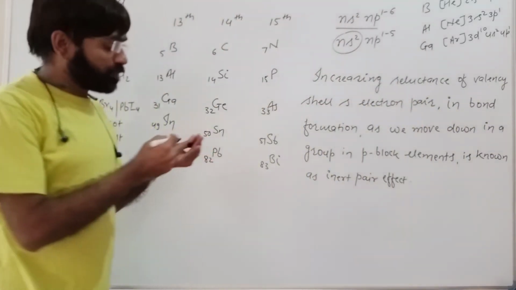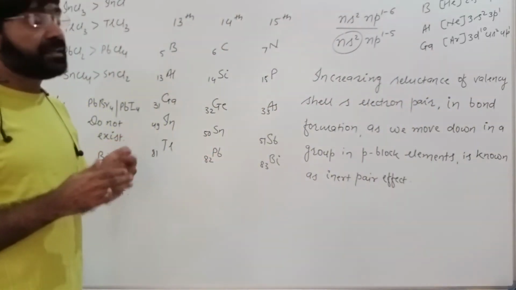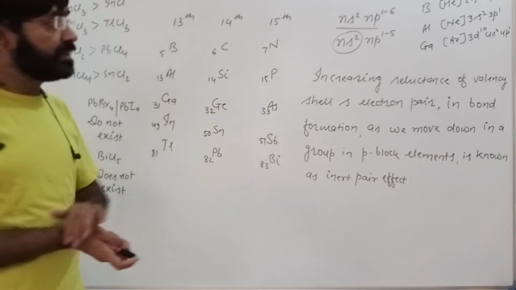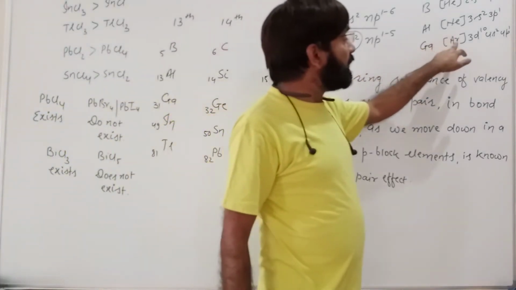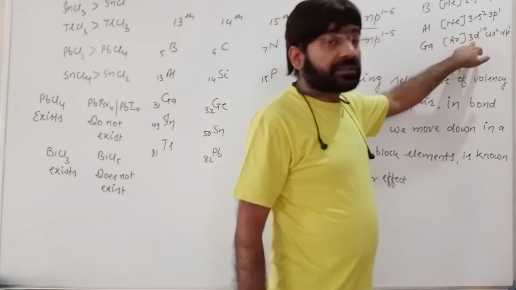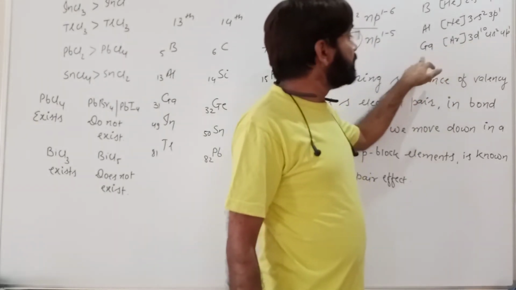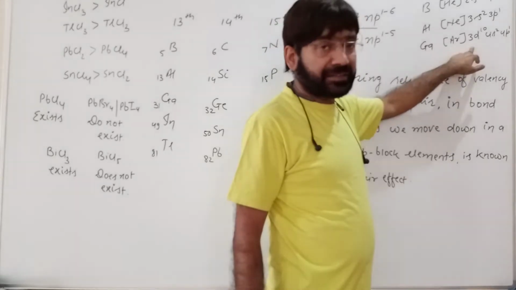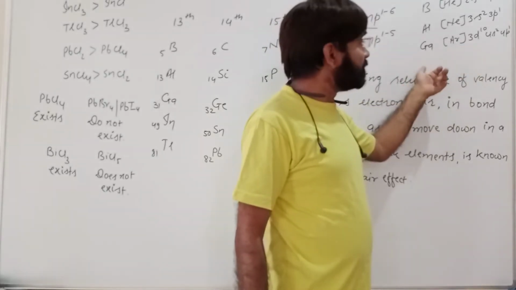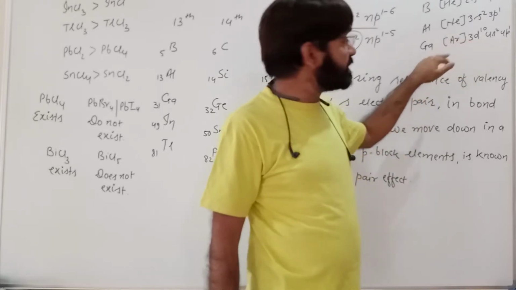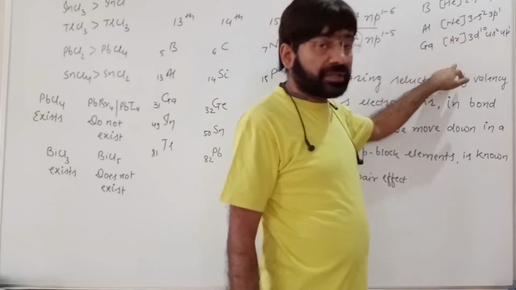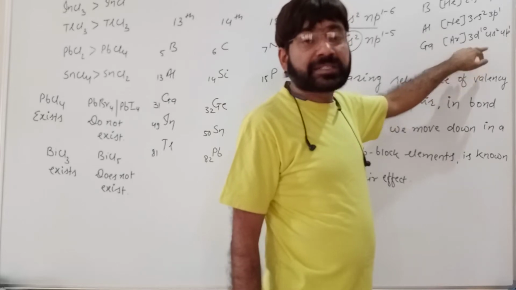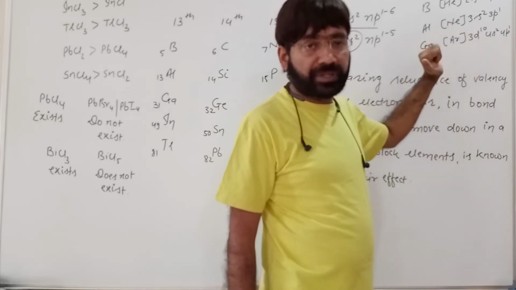Right? So from element number 3 onwards, we find there is a change in the nature of the electronic configuration. In gallium, after the noble gas, there were 10 d electrons. Then in indium, it will be krypton, then 4d10. And in thallium, there was an even bigger difference: it is xenon, then 4f14, then 5d10, then 6s2 and 6p1.